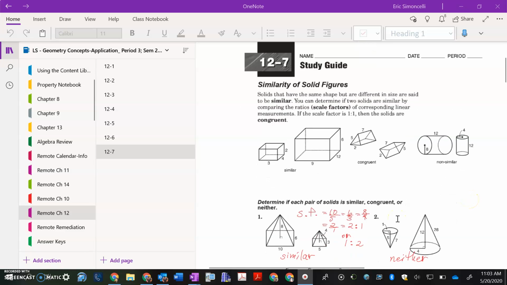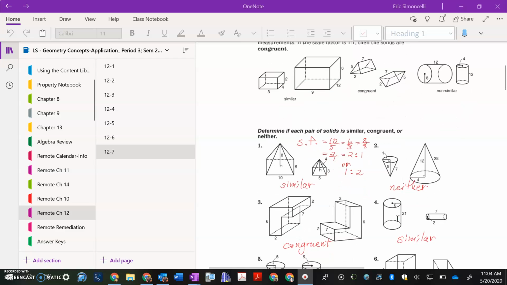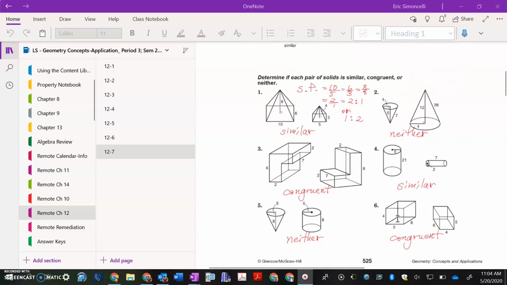Moving on. Determine if each pair of solids is similar, congruent, or neither. I will include scale factor on one of these questions as well as in your homework for tonight. So the first problem here, you've got a rectangular pyramid, or just pyramid. It does have a rectangular base though, of course.